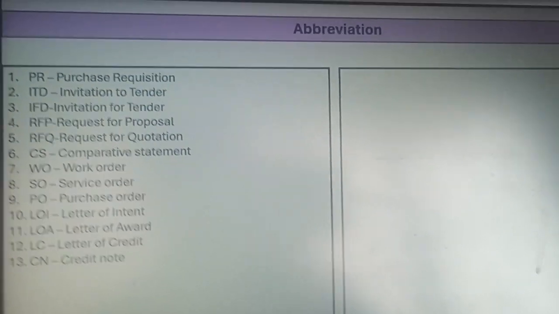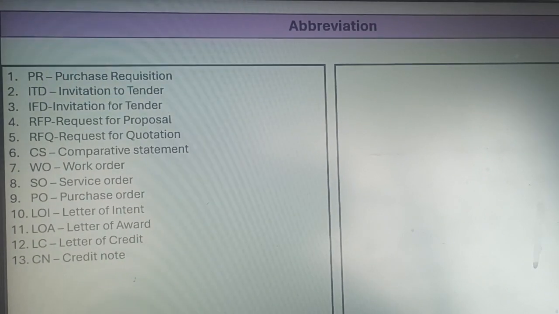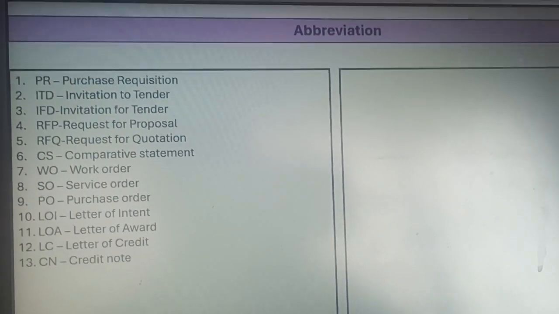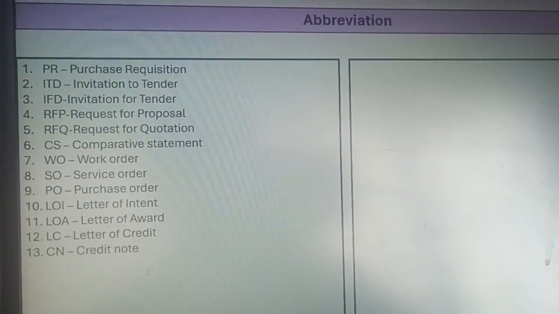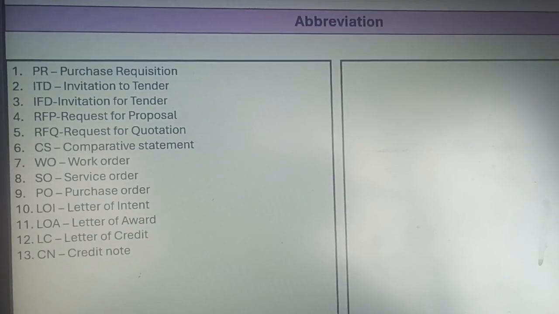Credit note is also a main part and a crucial point in the context of commercial, legal, as well as procurement. Where is a credit note used?